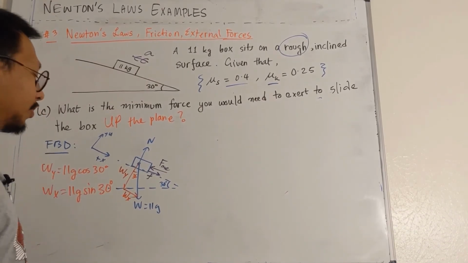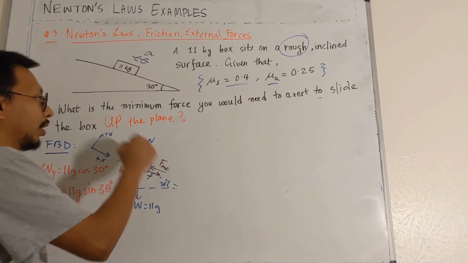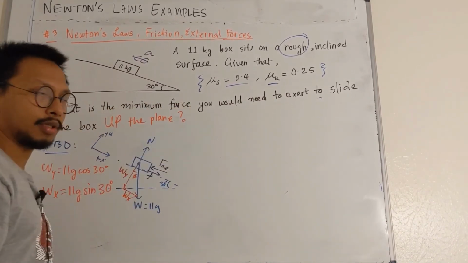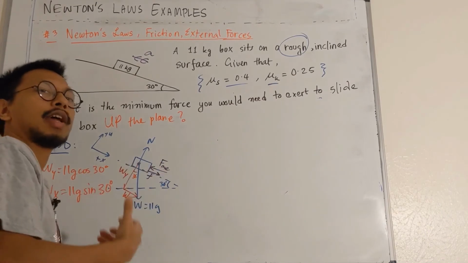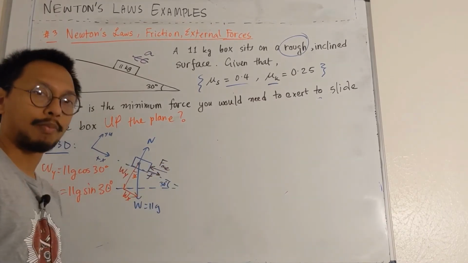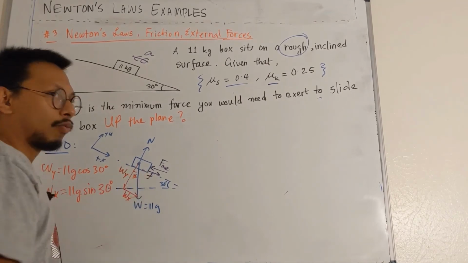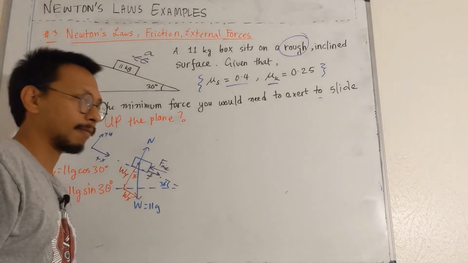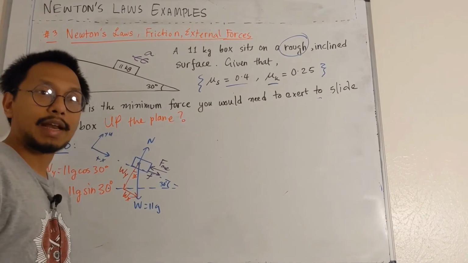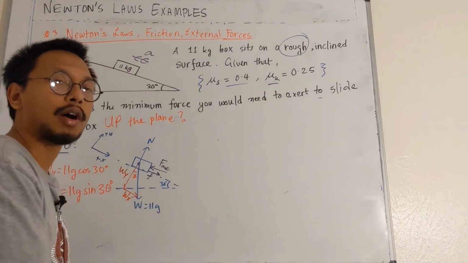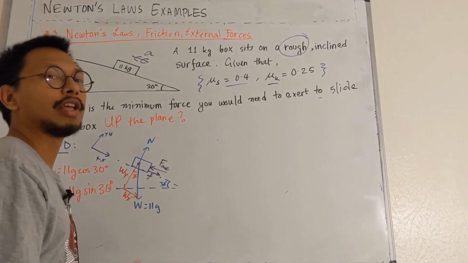Now let's get to the meaty part. Well, again, look at the question. We want to find the minimum force that would just about slide the box upward along the plane. Hence, what is this friction? Is it static or kinetic? This again would be static because we are just at the point of moving it up, but not really quite there yet.